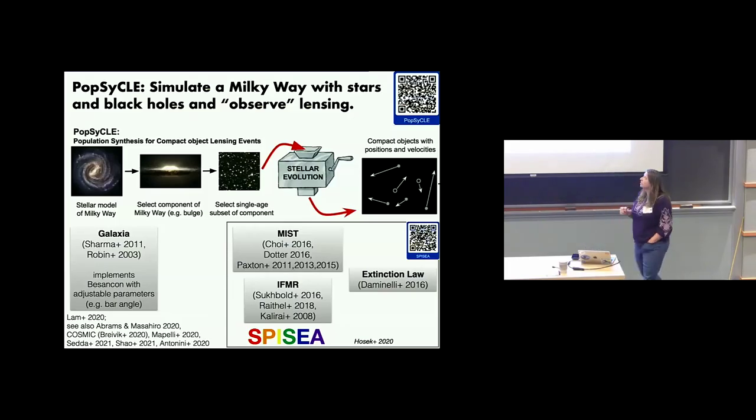In order to do that, we have to understand stellar evolution and the stellar initial final mass relation. We have to give these new compact objects positions and velocities. And then finally, we have to figure out which ones cross-match. We have to run a survey on this mock Milky Way for 5 years, 10 years, sample like we would in the real data, and figure out which things actually cross.